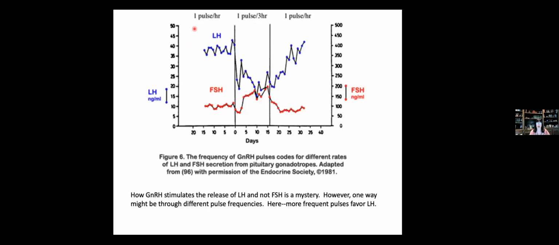And the interesting thing I alluded to is that when pulses are rapid, like 1 pulse per hour, LH secretion is favored, and FSH doesn't want to secrete much. But then as the GnRH pulses drop a bit, FSH is favored. And of course, the slower pulses of GnRH are found early in the cycle. This is when you need FSH to be stimulating the follicles.